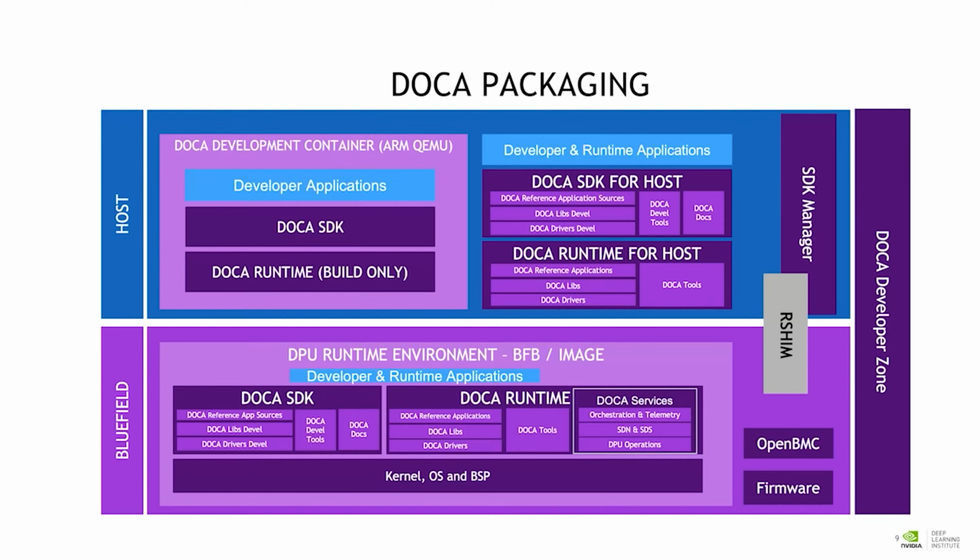It's important to remember that DOCA applications and acceleration functions can be written for consumption on either x86 or ARM architectures, and therefore DOCA applications can execute in either space, either on the host or on the BlueField itself.